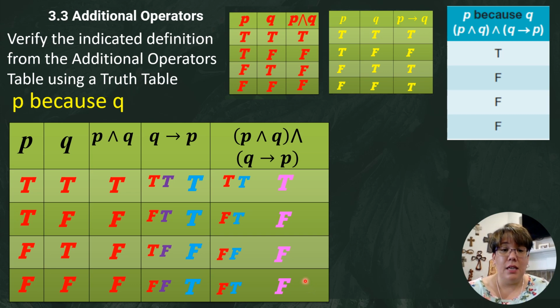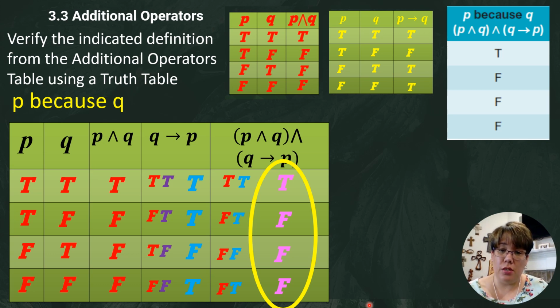All right. So now, once you get all of those values, the directions say to verify the indicated definition. So what they wanted you to do is check your answers. At the end, they wanted you to check that you got the same answers that they got on their table.